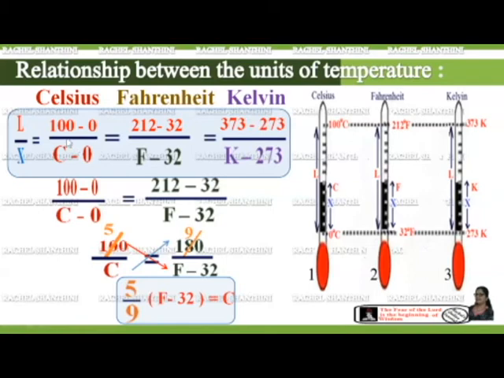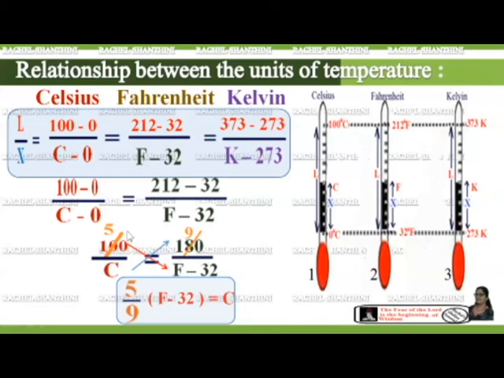Now let us equate these Celsius and Fahrenheit L by X ratios. Now (100 minus 0) upon (C minus 0) is equal to (212 minus 32) upon (F minus 32). Now 100 minus 0 is 100 divided by C minus 0 is C, which is equal to 212 minus 32 is 180 divided by F minus 32.